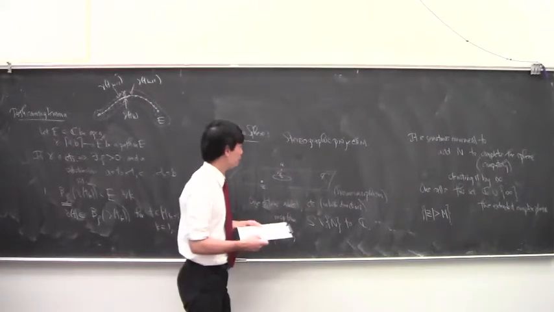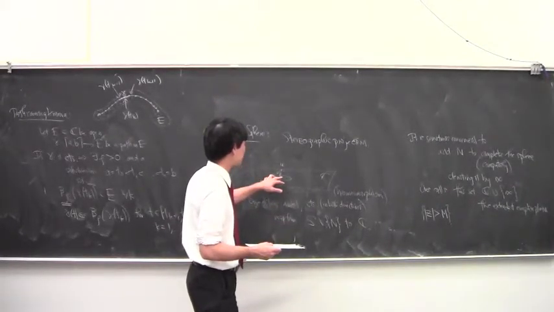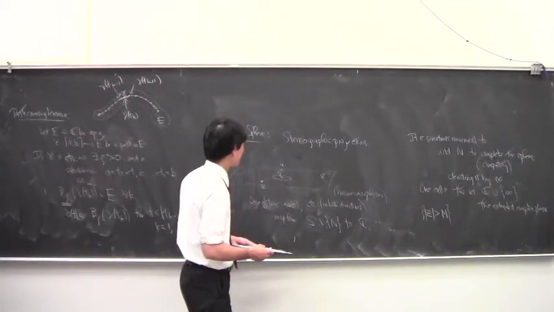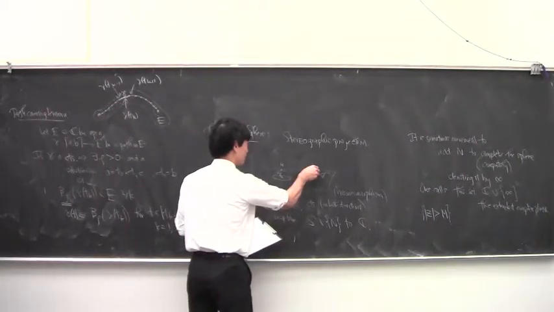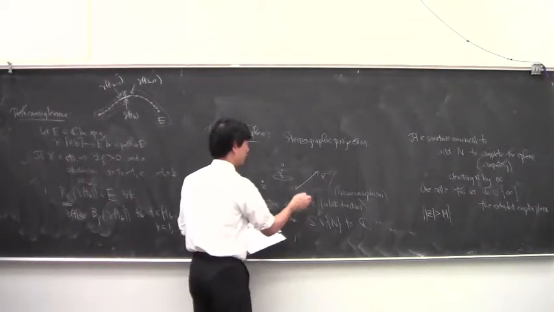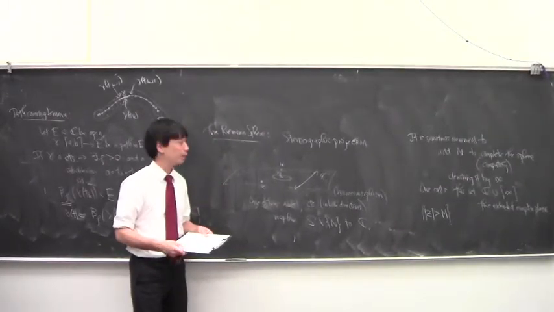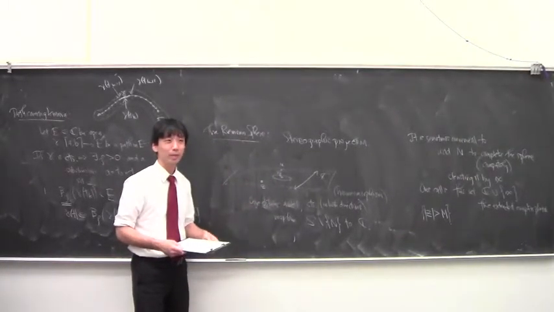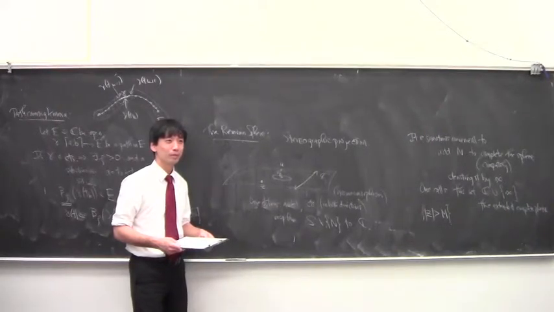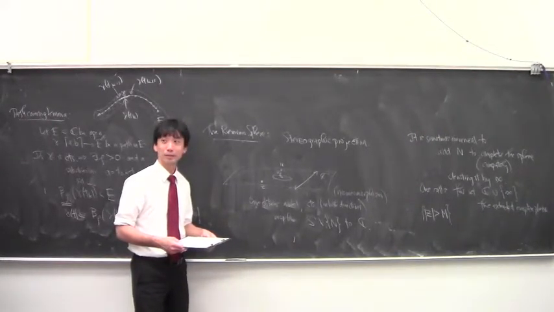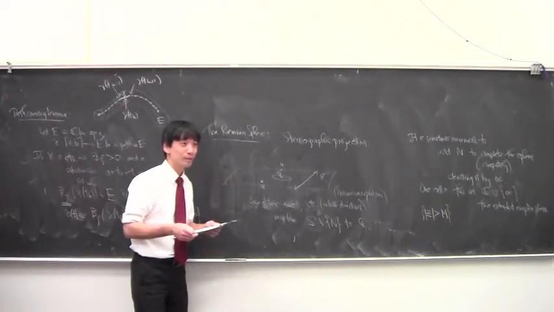Okay. Other things that can be shown. What happens to a straight line? If you take all the points on the straight line and you project them onto the sphere, what happens?